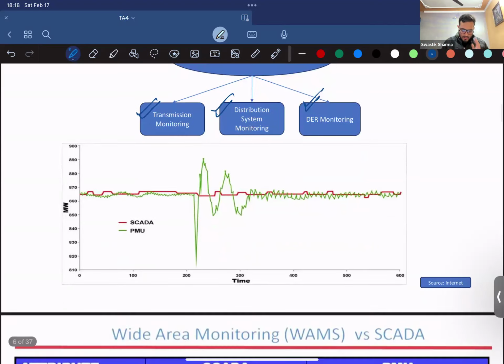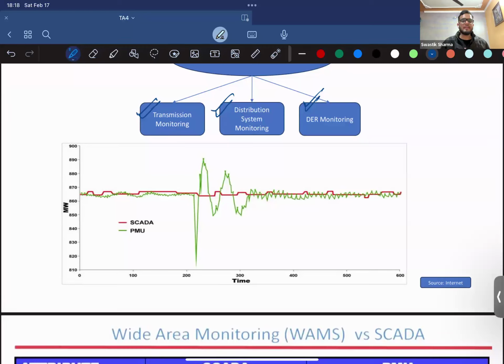So you can see in this figure, there are disturbances occurring for a very short amount of time, right? PMUs are able to catch that because they are sampling quickly and efficiently. But SCADA, since it's not sampling quickly, is not able to correctly tell how the disturbances are occurring on a per unit basis, right?